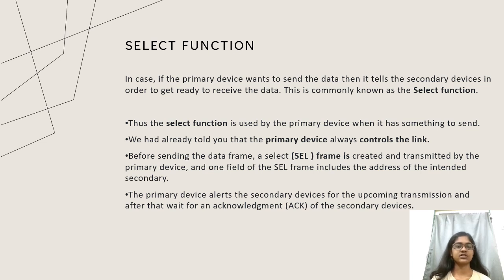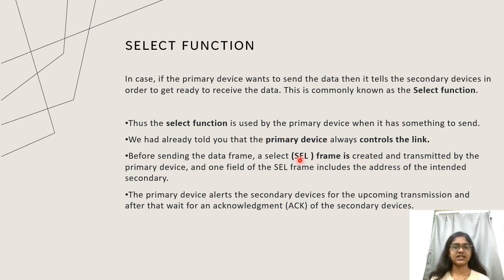Now, what if the primary device wants to send data? In that case, it uses what's called the select function. The primary device tells the secondary device in advance to get ready to receive the data that it has to send. Before sending the data, the primary device uses a select poll.